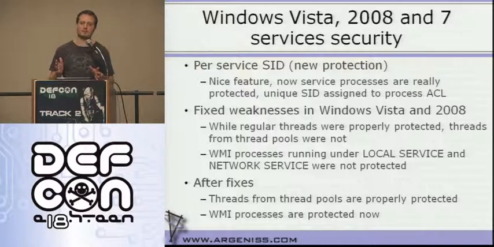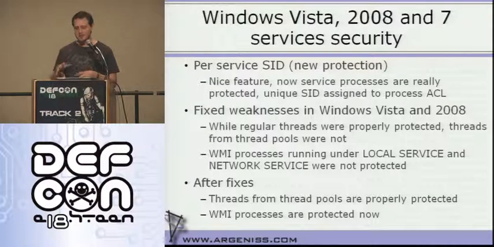For instance, if we have a service running on the network service account, they remove the network service account from the ACL of the process and insert a unique SID on the ACL. This means that other processes running on the network service account won't be able to access these processes because they don't have permissions.